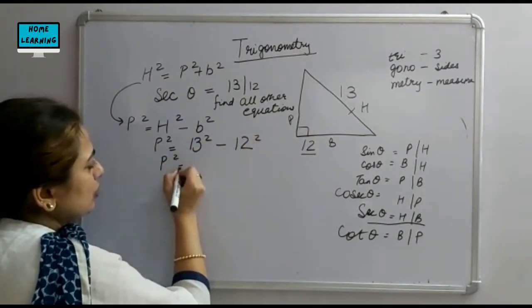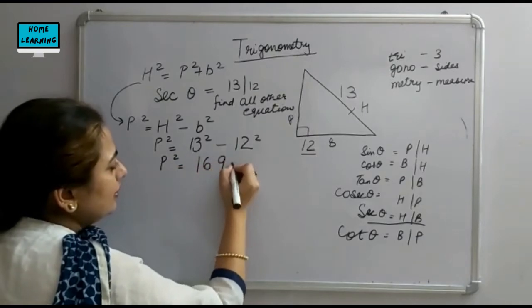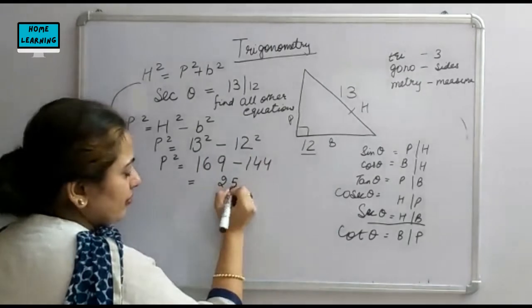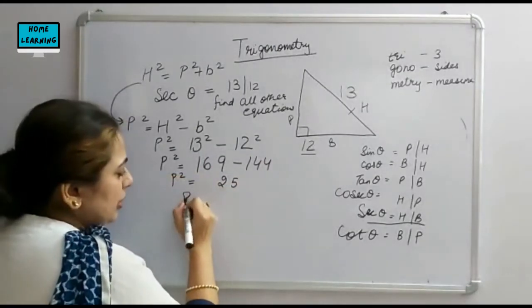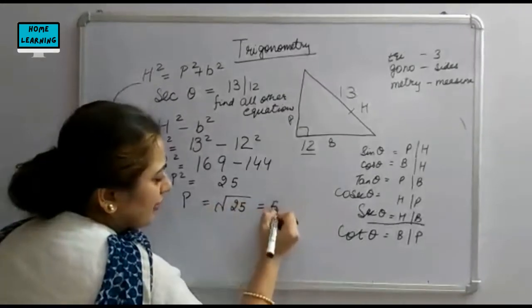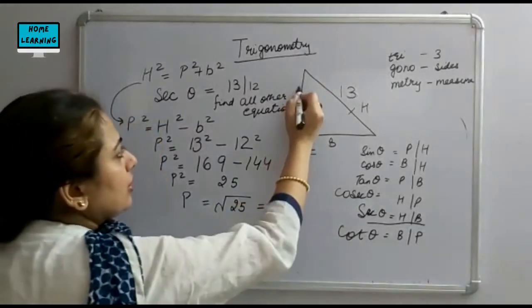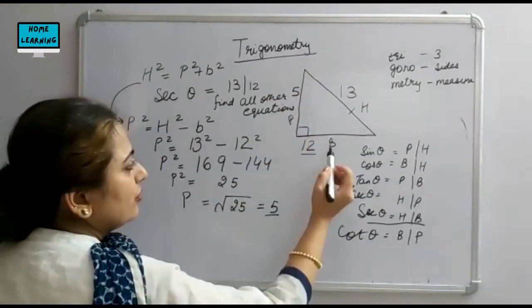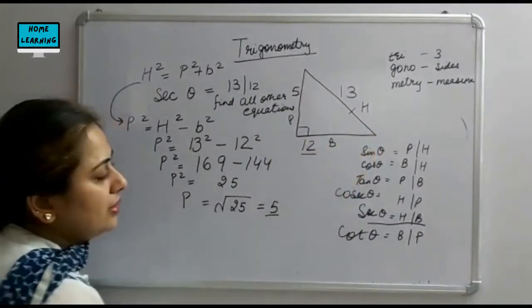P square is equal to 169 minus 144, that is 25. So perpendicular will have measure as square root of 25, that is 5. Now we have all three, 5, 12, 13.